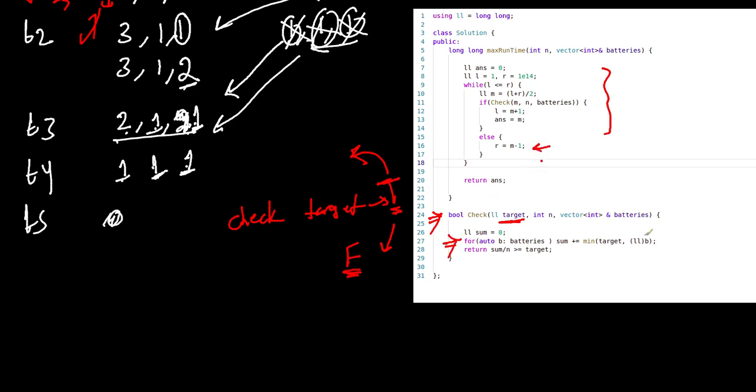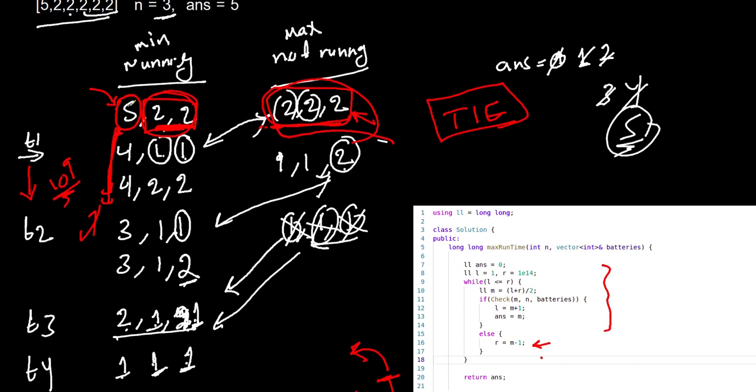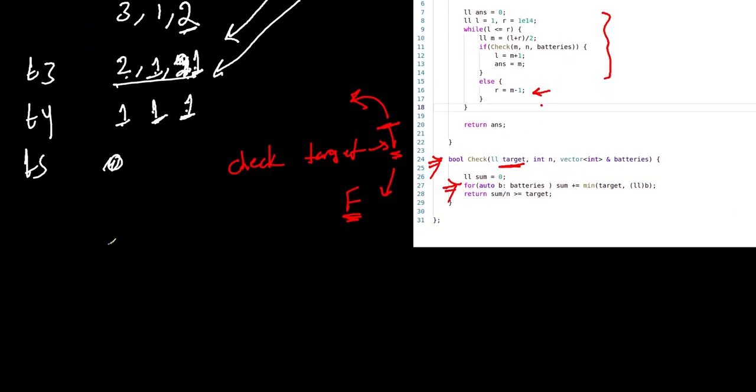Now how does this function work? From this example we know we are taking advantage of every minute of the batteries, and the other fact is about the battery itself. Assume we have 6, 2, 2, 2 like the last example, and we want to check if the target equal to 5 can be achieved.